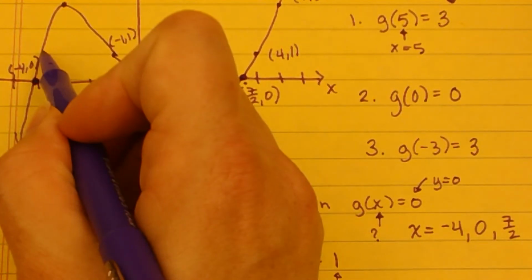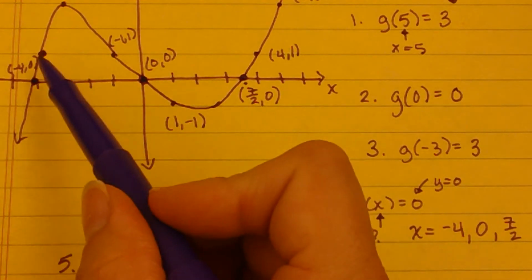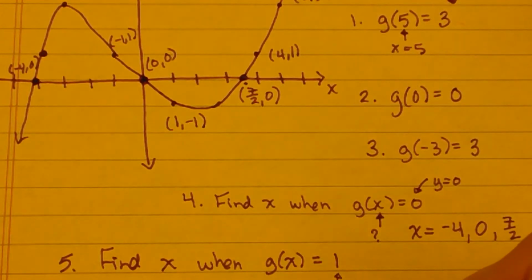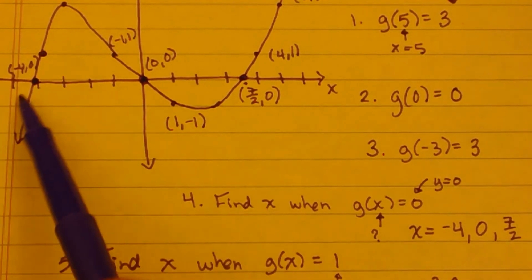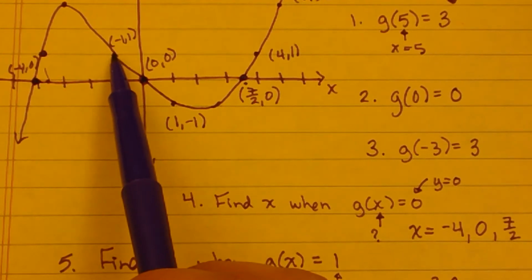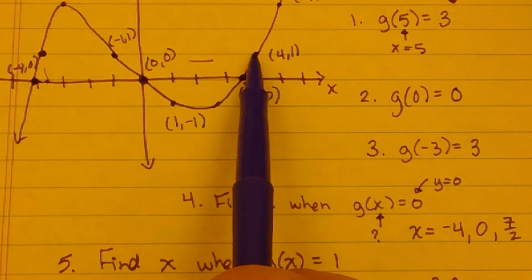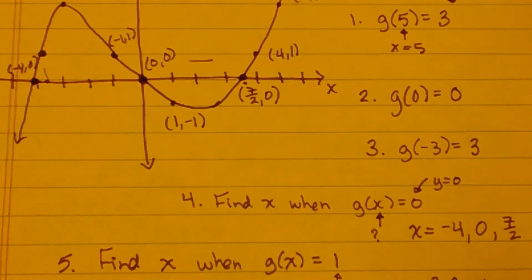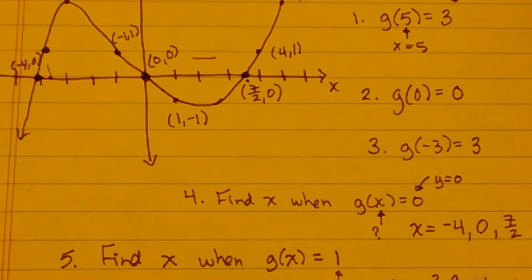And we can see that that also happens at 3 places. This is not a nice value. Let's maybe call it, how about negative 3.9? Somewhere before negative 4. And then the ones that are labeled, x would be negative 1 when y is 1, and x would be 4 when y is 1. So negative 1 and 4.